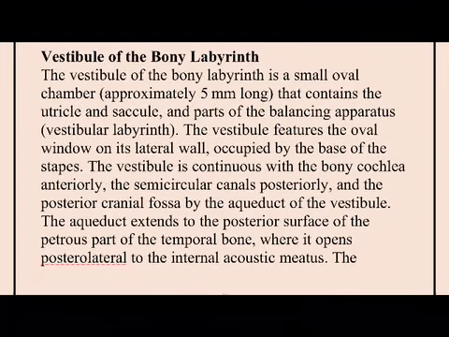What about the vestibule of the bony labyrinth? The vestibule of the bony labyrinth is a small oval chamber. It's about 5 mm long, and it contains the utricle and saccule. It also contains part of the balancing apparatus, what we call the vestibular labyrinth.